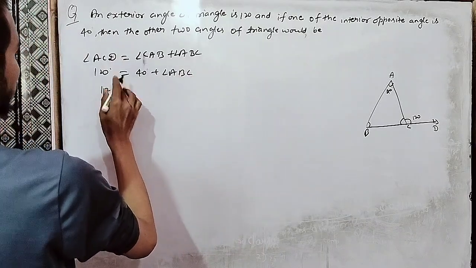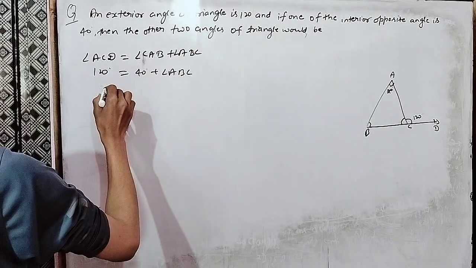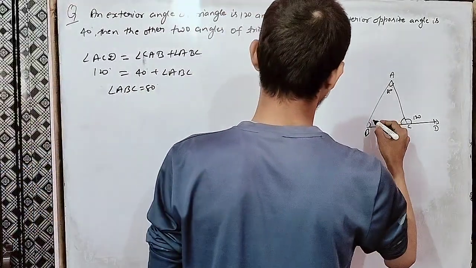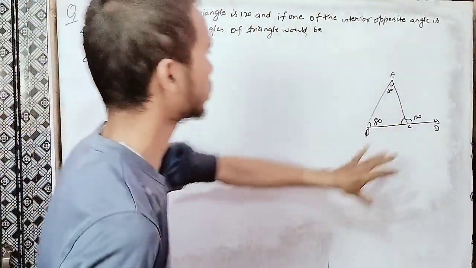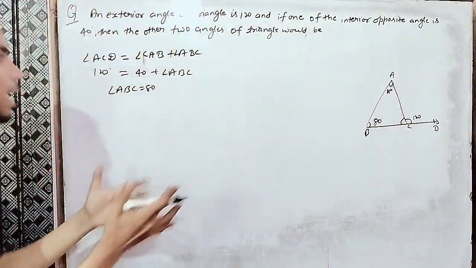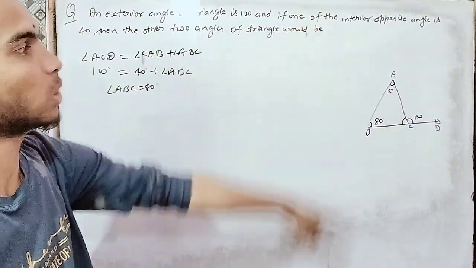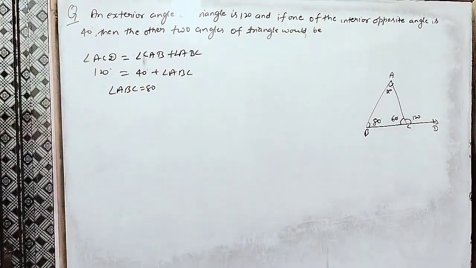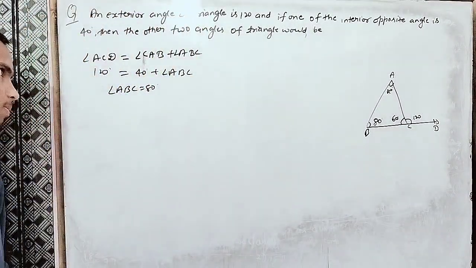We have how much? 80. This is 80. Now already we know the sum of the interior angles of a triangle is 180. So 80 and 40 is 120, and 60 more would be 180. The final answer is 80 and 60.